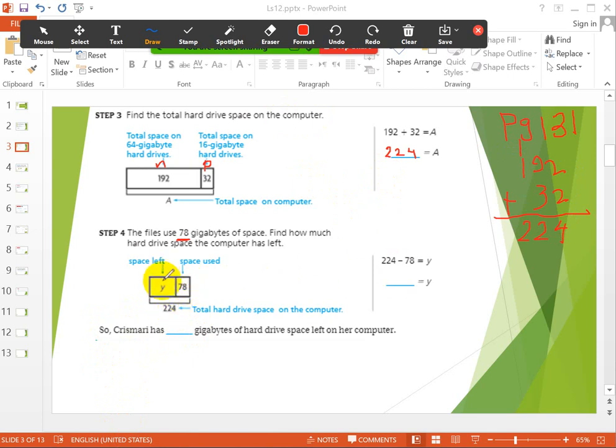So what is the space left? That is what I mean by take. I want to take from 224, I want to take 78 to save my files. Okay, so what is the space left?